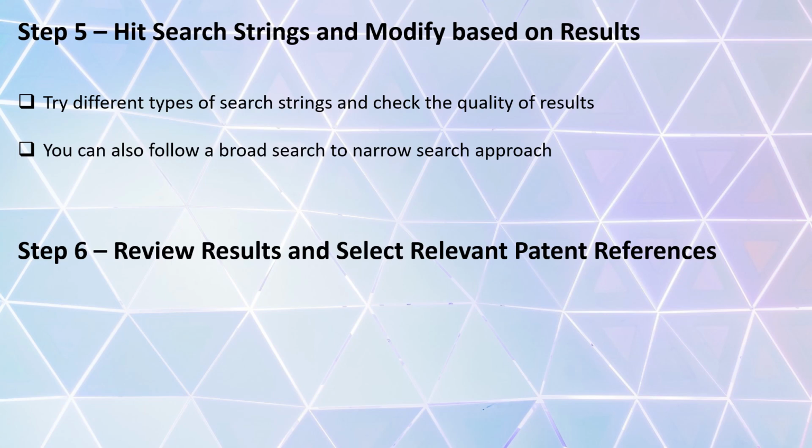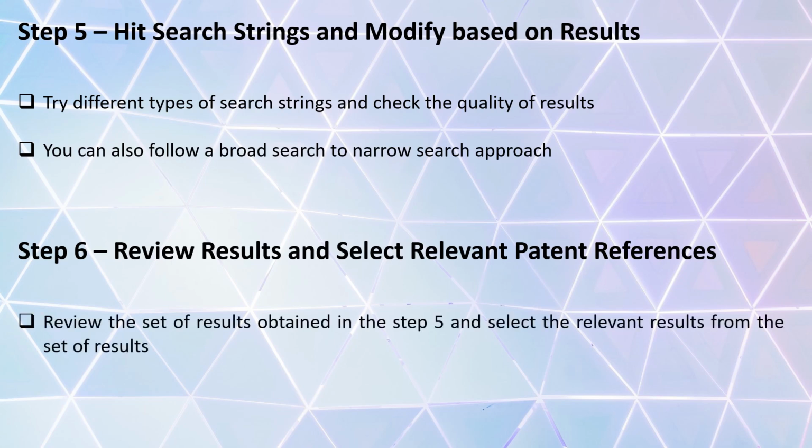So while doing that, you might come across a lot of patent documents which are still not very relevant to you. You can keep removing those, and the ones which are relevant, you can select, note down the application number, or put them in a work list and keep shortlisting them. So the point says: review the set of results obtained in step 5 and select the relevant results from that set.